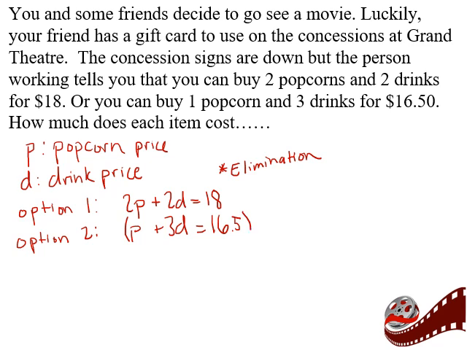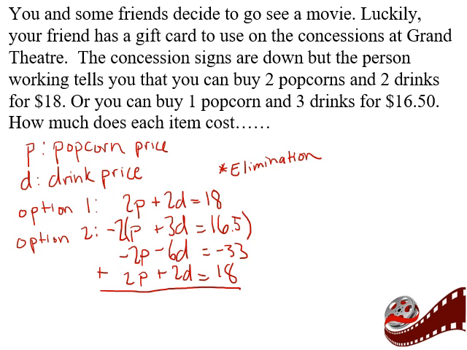So I'm going to multiply the second one by a -2 so that the p's will eventually cancel. When I distribute, -2p minus 6d equals -33. And I am adding that first equation, 2p plus 2d equals 18.